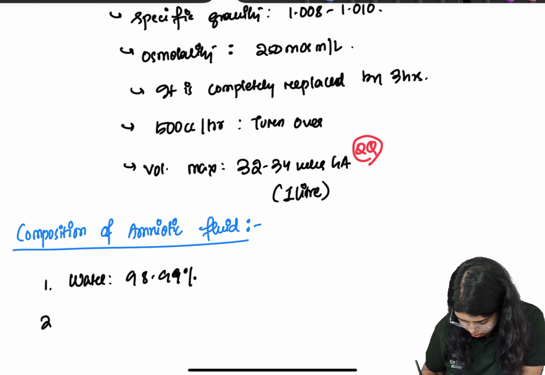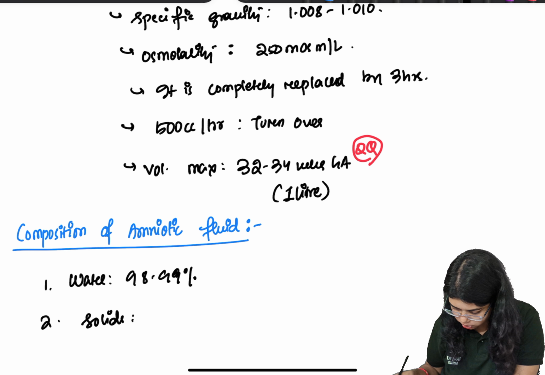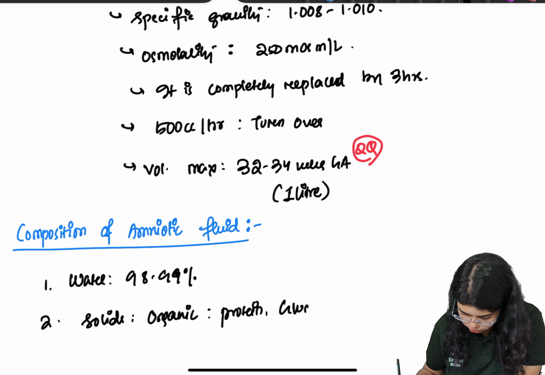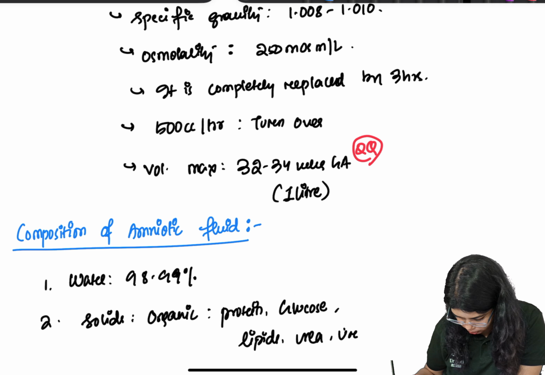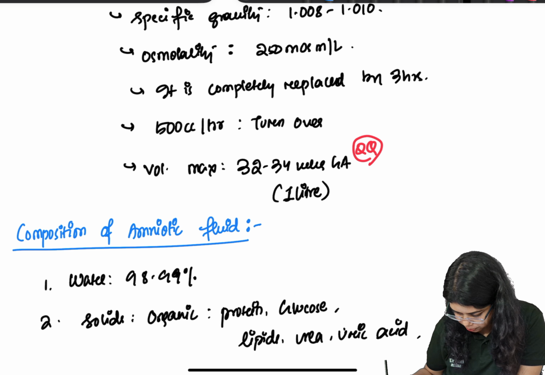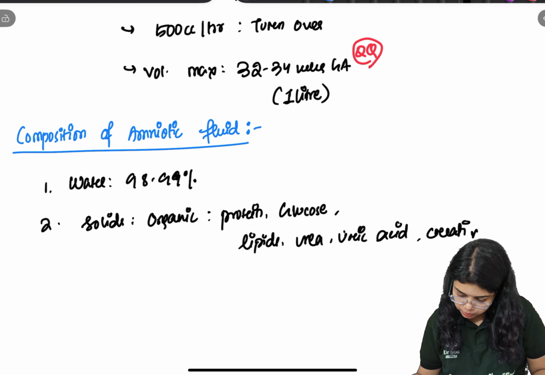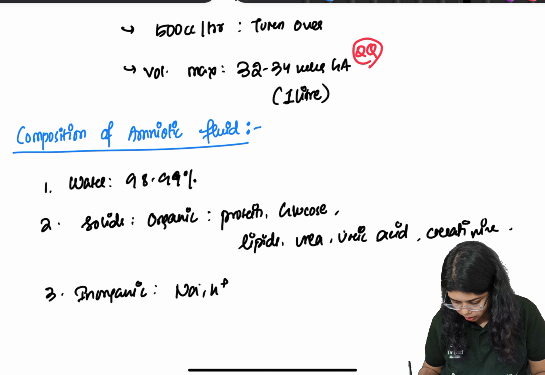It also includes organic solids like protein, glucose, lipids, urea, uric acid, creatinine, and also inorganic constituents like sodium, potassium, and chloride.